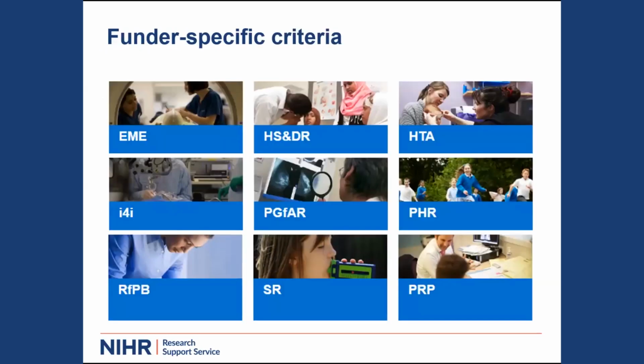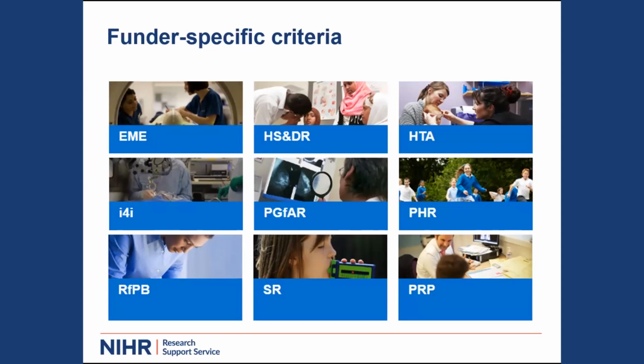Alongside that, it is really important to think about any funder-specific criteria. For example, for NIHR, we've got the NIHR funding programs listed on this slide. They're largely interested in projects that are going to have an impact on patients in the short to medium term.